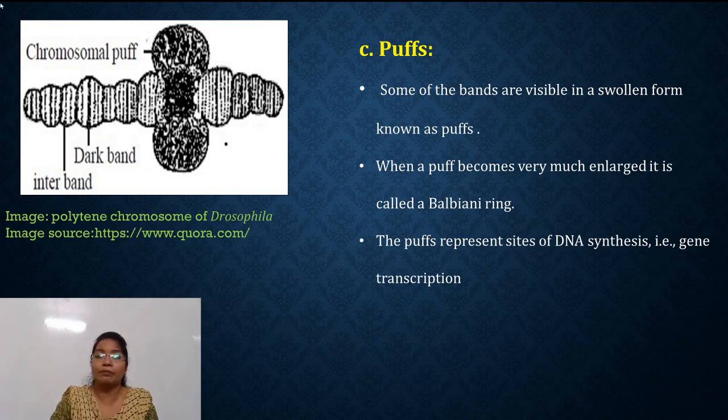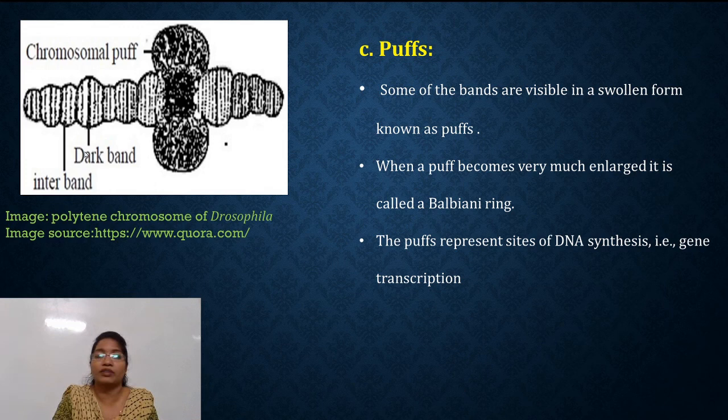So some of the bands are visible in a swollen form. Okay, and these swollen forms are called puffs. And when a puff becomes very much enlarged, at that time it is called a Balbiani ring.